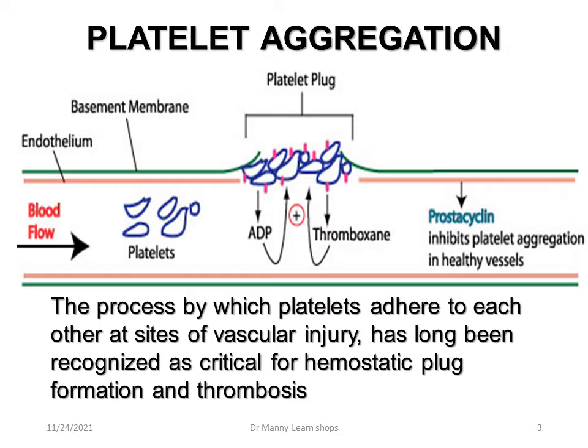Right, when we look at platelet aggregation, what does that mean? Well, platelets clumping or aggregating, this is the process by which platelets adhere to each other at sites of potentially a vascular injury, and it's long been recognized as a critical component for a hemostatic plug to form and eventually form a thrombosis and eventually a fibrin thrombosis.